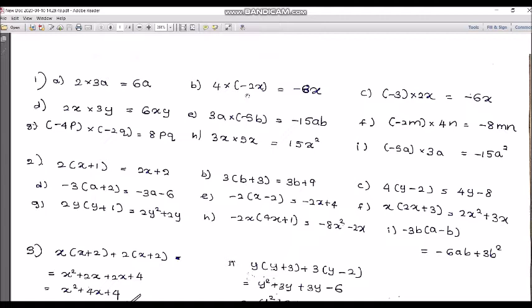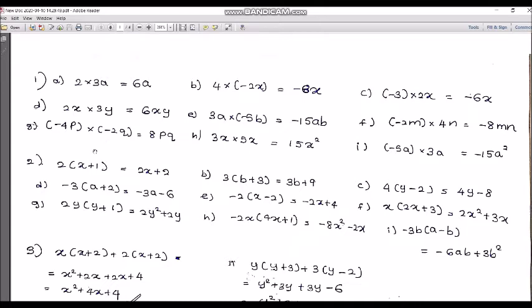And then the d part, there are two unknown variables x and y, and the only operation here is 2 into 3 is 6 and then xy. In the same way here, 3 into minus 5 is minus 15 and then ab. Same with minus and plus.